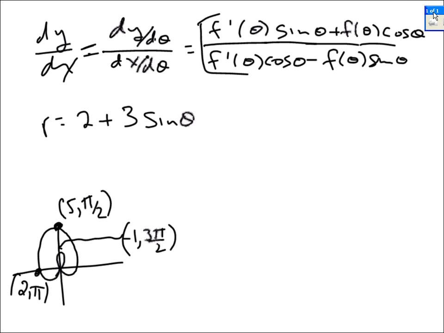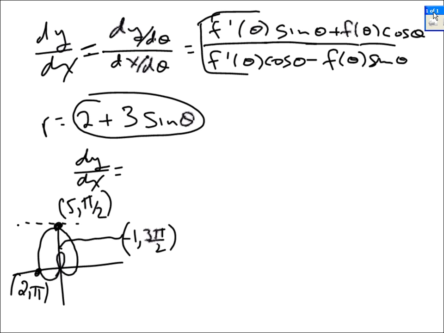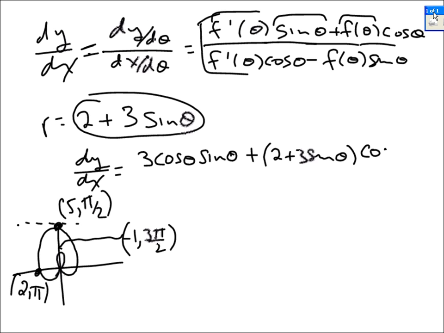So, I want to find the slope of the tangent line. I want to take the derivative. So I need to find the derivative first. dy/dx is equal to, remember, this is f of theta. It's the derivative of f of theta, which is 3 cosine theta, times the sine of theta. Plus f of theta, which is 2 plus 3 sine theta, times cosine of theta.